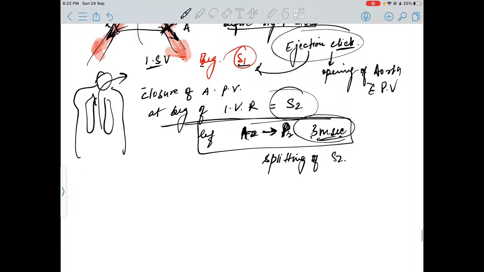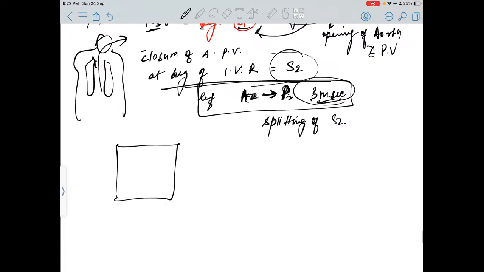Now also there's a free flow of blood when the heart is fully relaxed.